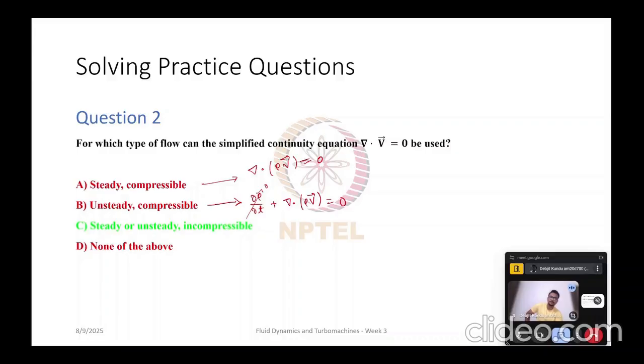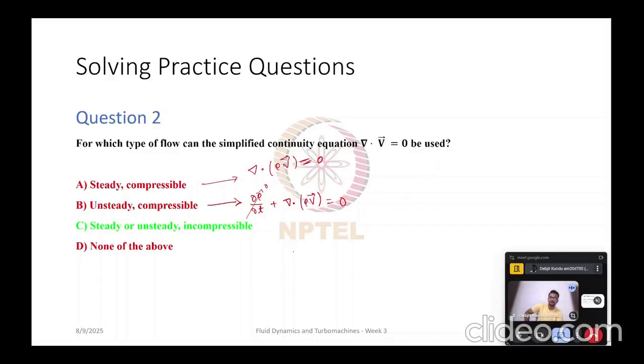Since it's compressible, rho is a function of x, y, and z, the spatial coordinates, but since it's steady, it's just not a function of time.